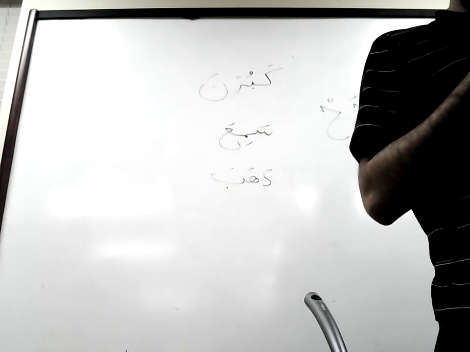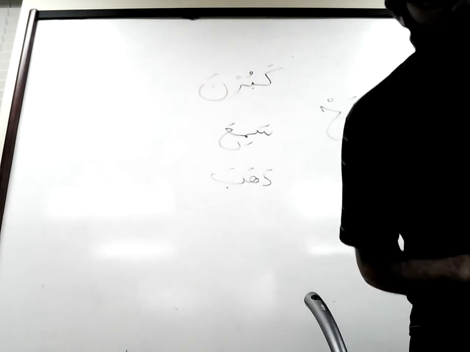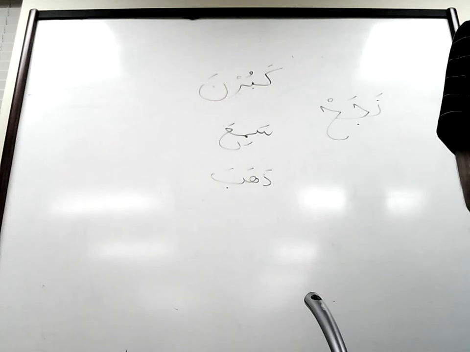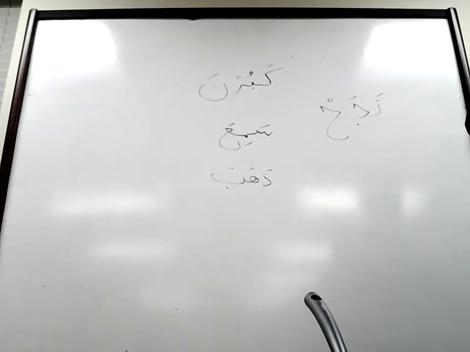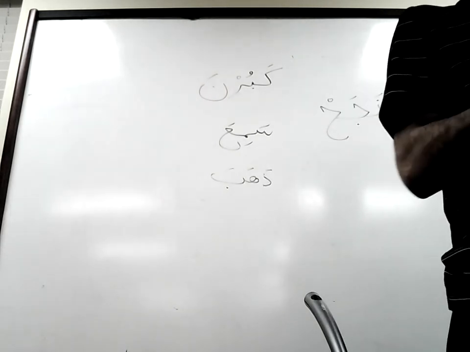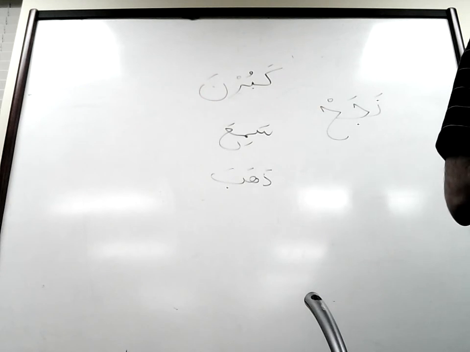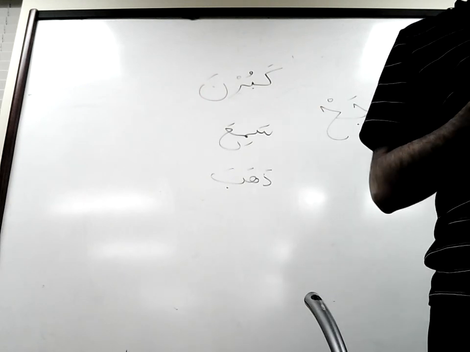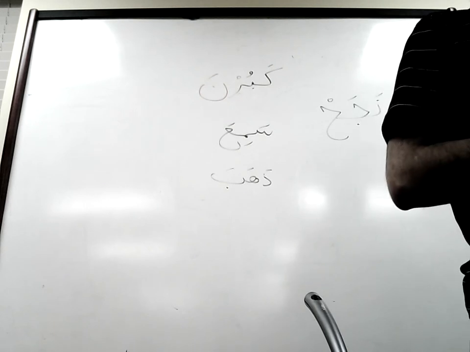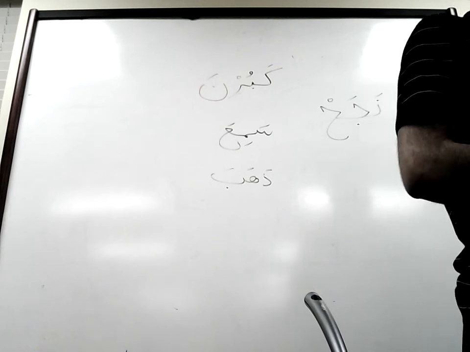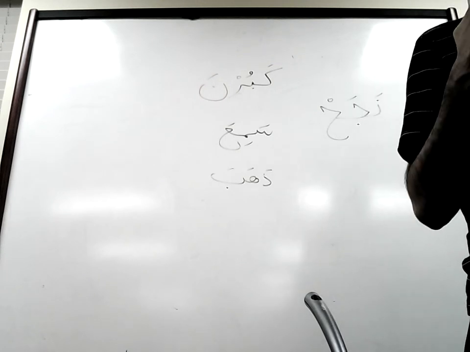Sabara, sabara, sabaru, sabarat, sabarata, sabarna, sabarta, sabartuma, sabartum, sabarti, sabartuma, sabartunna. Sabartu, sabarna. Good. Okay. How about she was patient? Sabarat. And you all were patient, a group of men. Sabartum. Good. And I was patient. Sabartu. Excellent.